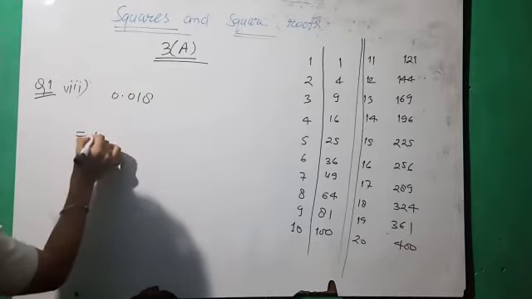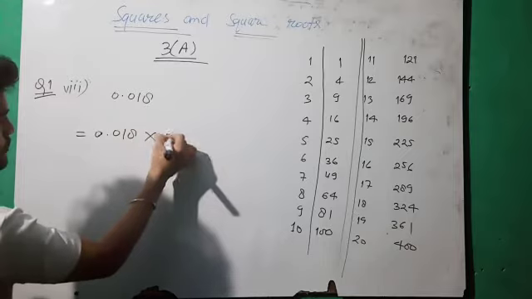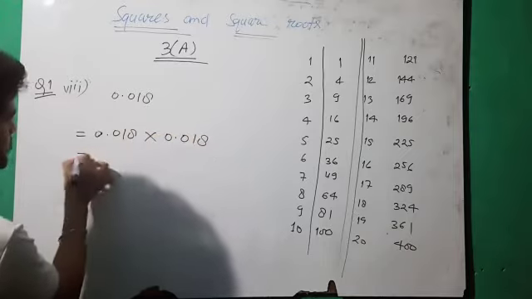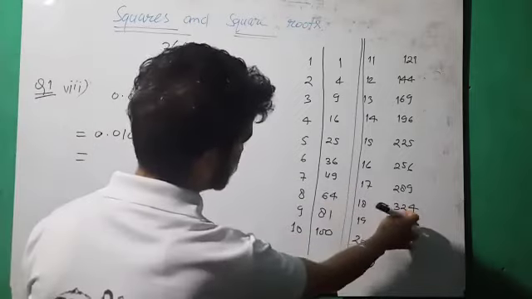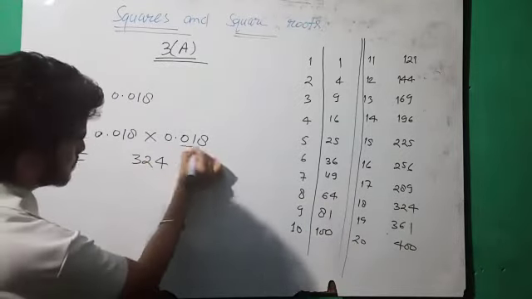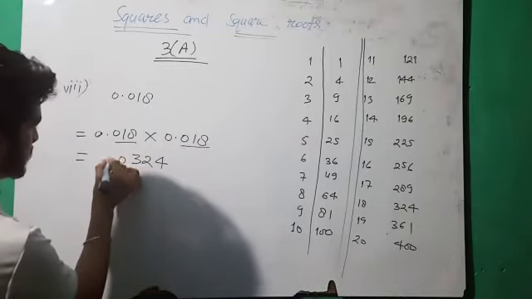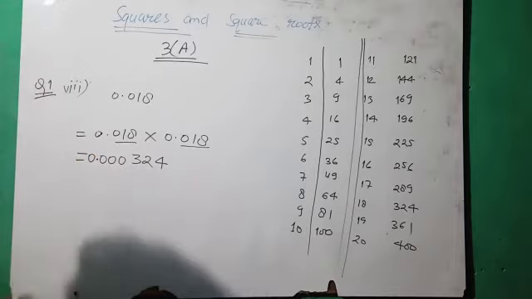We have to find the square. 0.018 times 0.018. The square of 18 is 324. The number of decimal places is 3 plus 3, which is 6. So we have to add 3 zeros on the left, giving 0.000324.